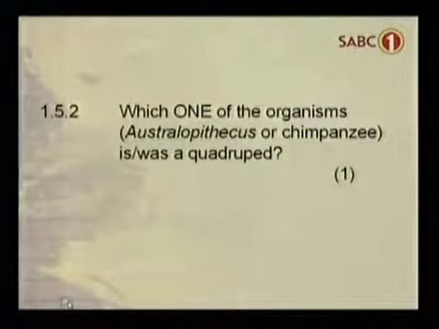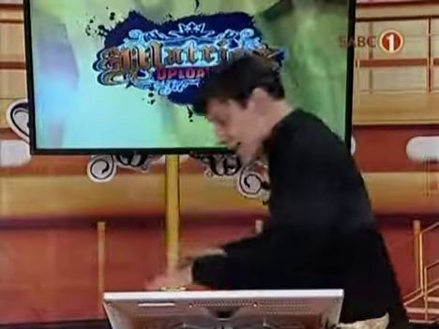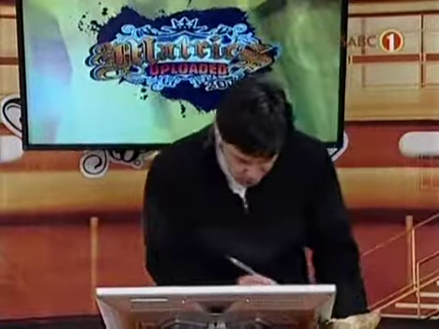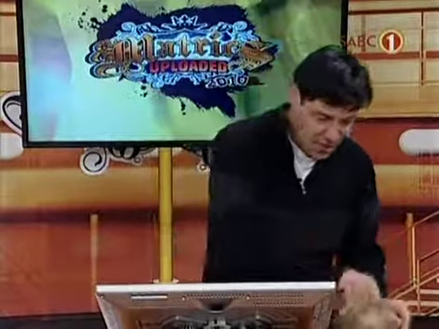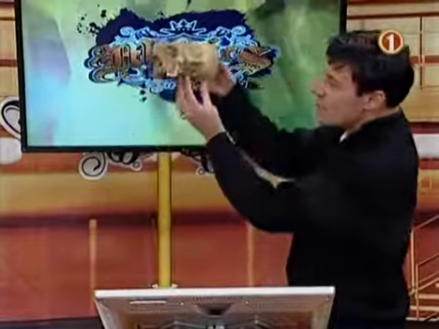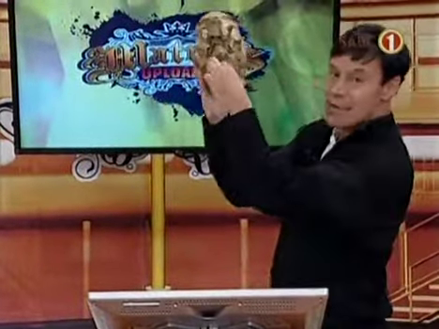So question 1.5.2 says, which one of the organisms, Australopithecus or chimpanzee, is a quadruped? Quadruped, quad, 4, means that it walks on 4 limbs, whereas, of course, we know we stand up. And if we look at them, let me show you on here, because we're running out of time. Sorry, I took his head off. So we can basically see, this is your foramen magnum.